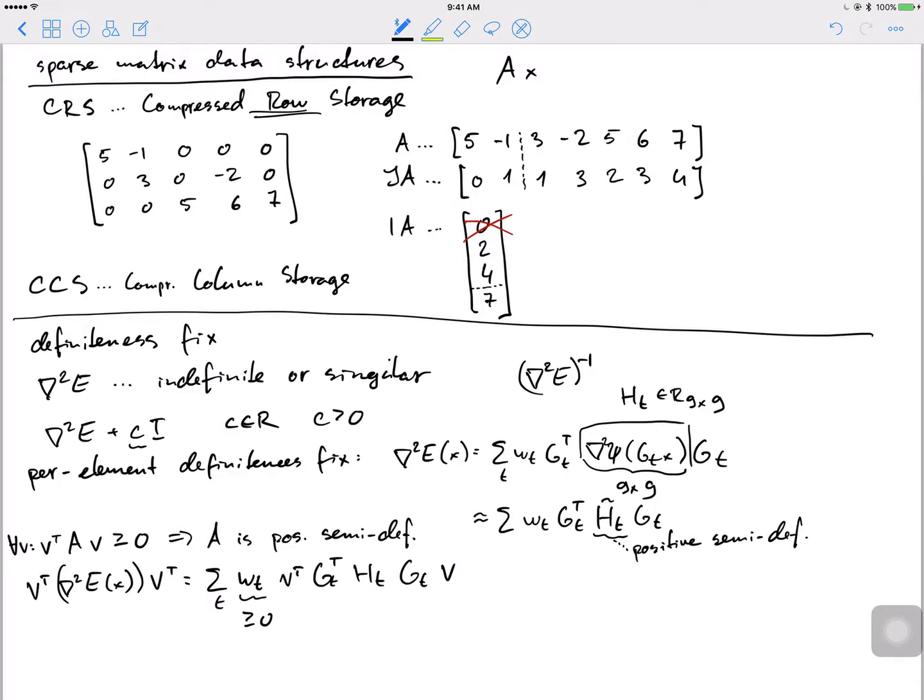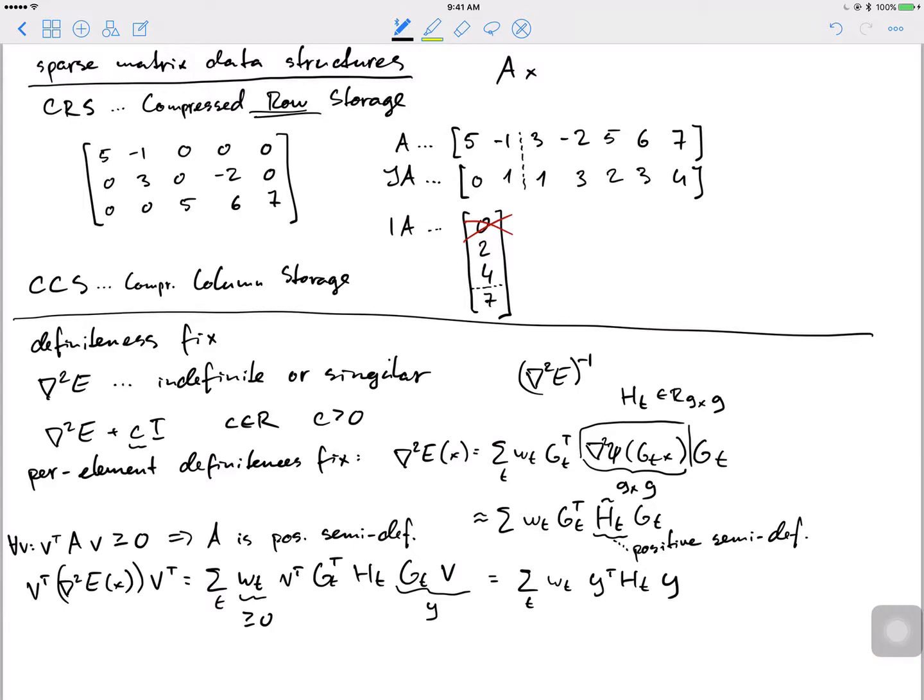And what you can see here is that this is just some other vector, okay? Or let me write it like this. This is the sum over T, WT, and then I can say, let's call it, I don't know, Y, okay? Y transpose HT Y, okay? Where I just say the GTV is Y, okay? So Y transpose is V transpose GT transpose.